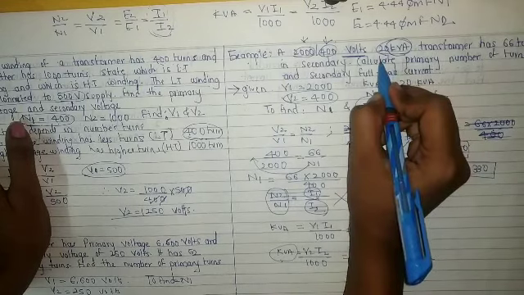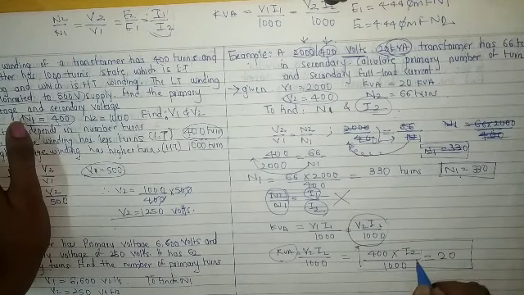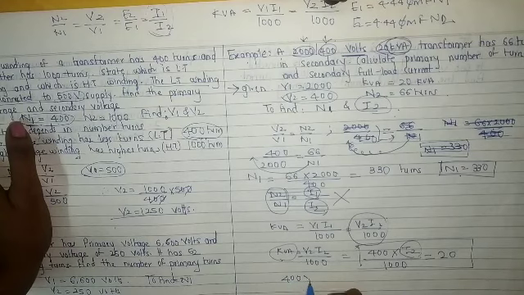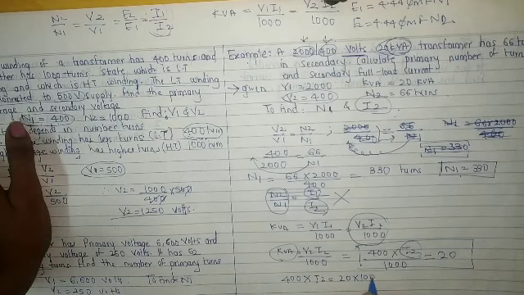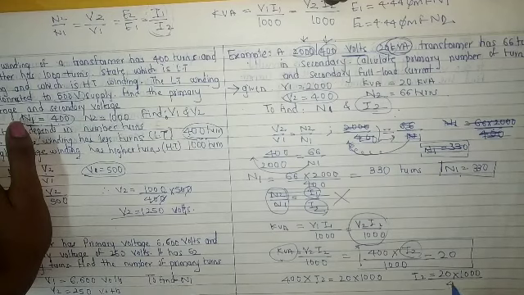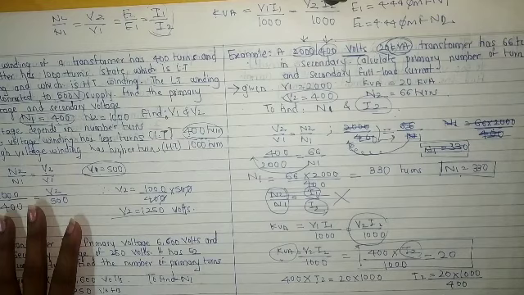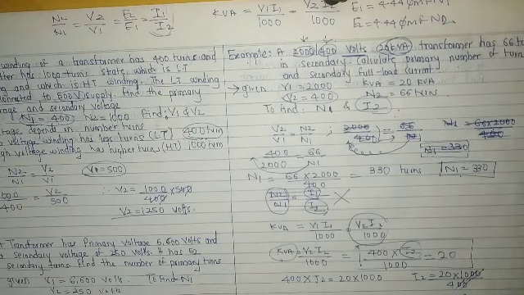They have given here kVA, that is 20 kVA. Now from this equation we can find I2, right? So 400 into I2 is equal to 20 into 1000. That is I2 is equal to 20 into 1000 divided by 400. So our answer will be 50 ampere. Right? So our answer will be 50 ampere.